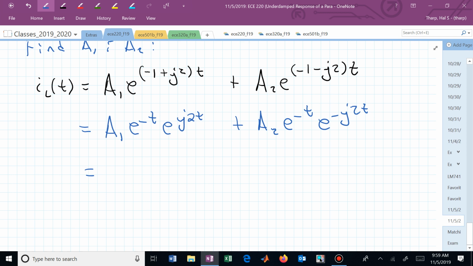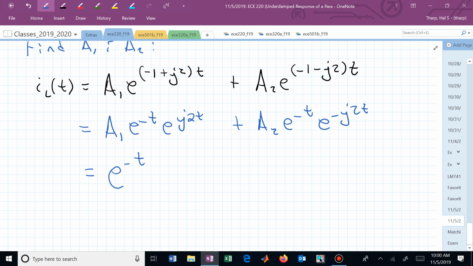You can find the time constant. What's the time constant associated with e to the minus t? What value of t causes that exponent, forgetting the minus, to equal 1? It's too easy. t equal to 1 gives us 1.